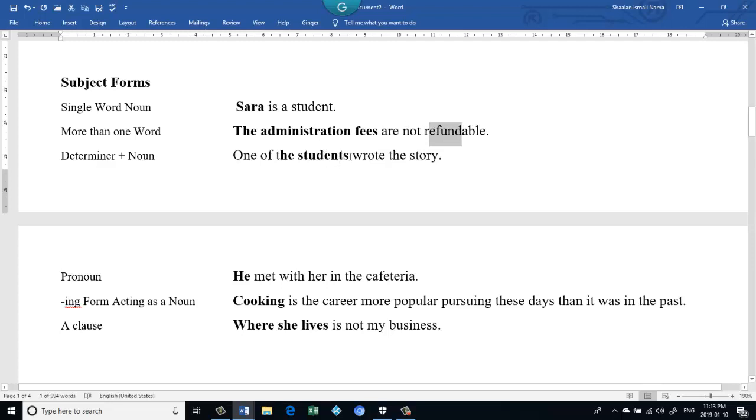Or sometimes we could have more than one word, or it could be a determiner and a noun. Then we have 'one of the students'. Then we go to the verb, 'wrote'. This is the verb, I have a sentence. Then 'the story', which is the object for the sentence.